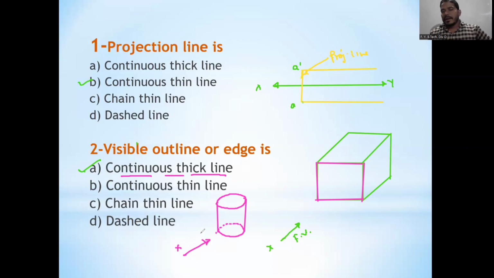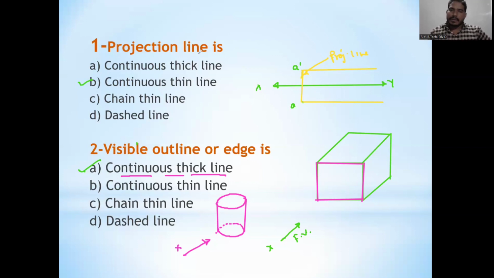In the case of the rectangular block, we are able to see these edges, so we can draw them using the thick line. But here, what will be visible? In the case of this cylinder, edges will not be there, but whatever the outline is, it will definitely be there. Whatever its outline is, we are going to draw it by using the thick line.